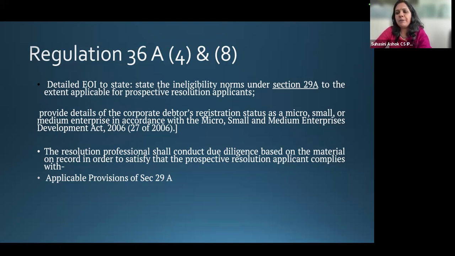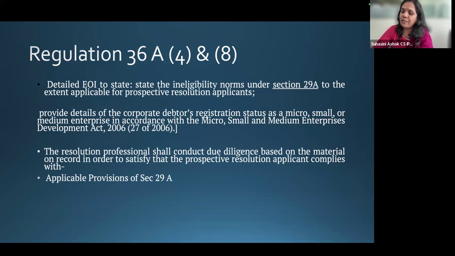So when the RP or the liquidator issues an expression of interest or gives a tender document, the auction document, a detailed document, he has to clearly specify what the ineligibility norms for participation are. So this is an important regulation. When the expression of interest is issued, a detailed document is also issued. There, mandatorily, we have to ensure that ineligibility norms are provided.